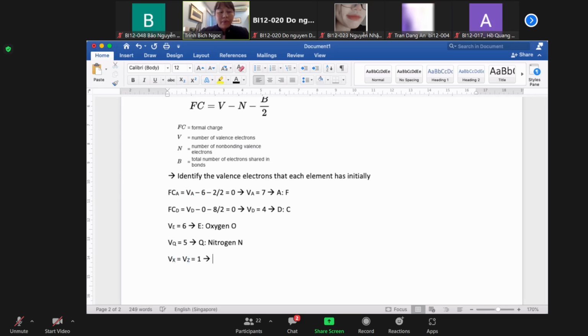So X might be hydrogen and Z might be lithium, or you can swap them: X lithium and Z hydrogen. So this is question 3.